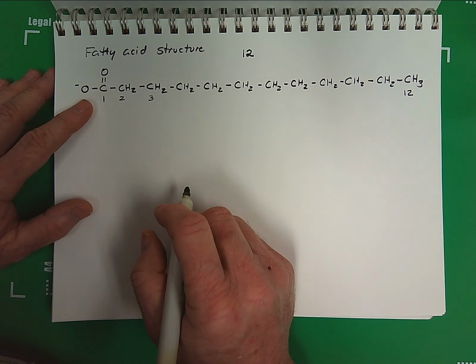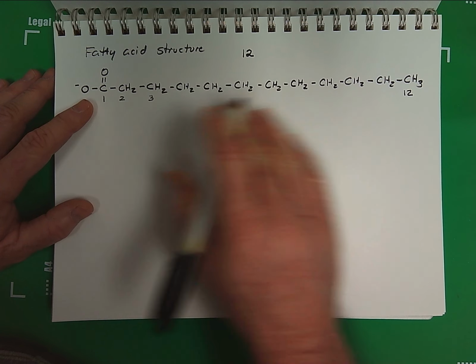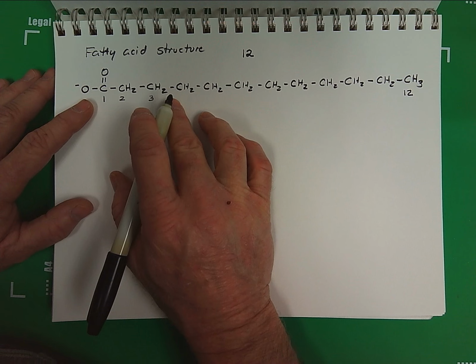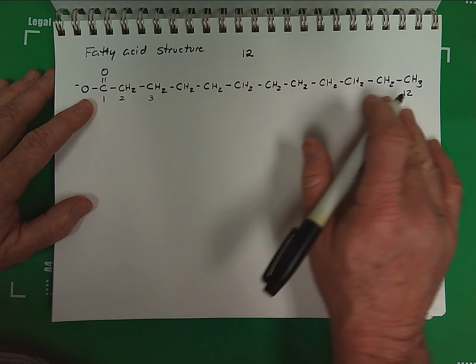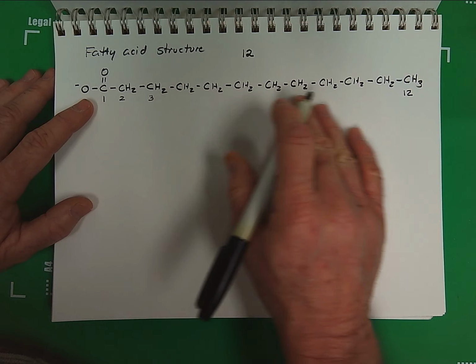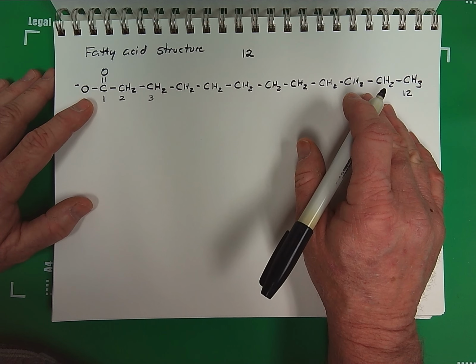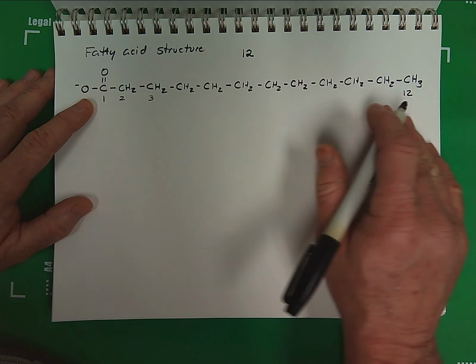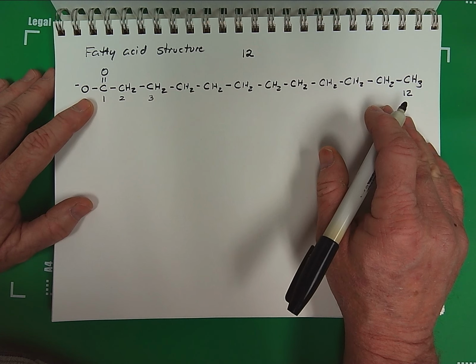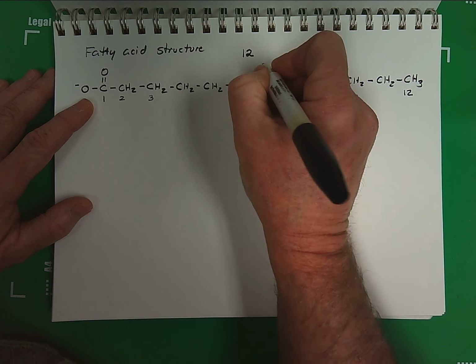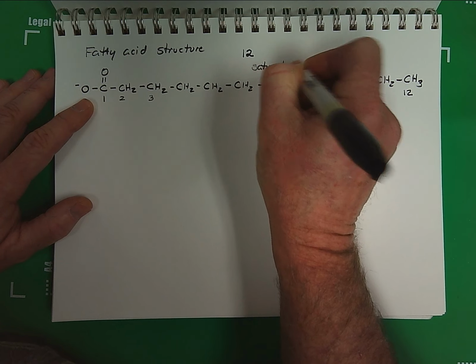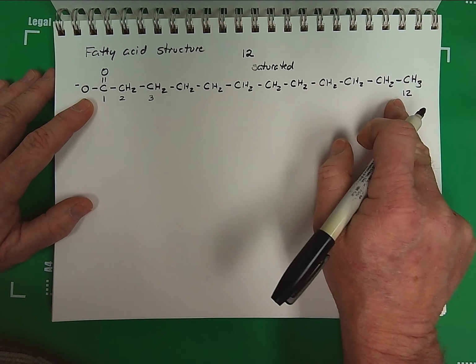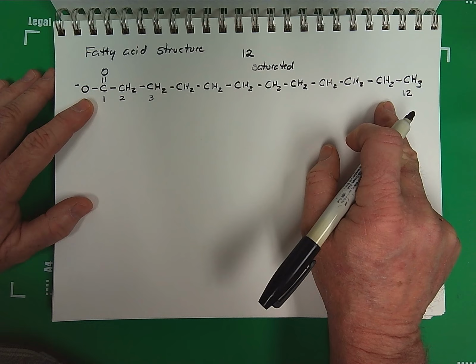Now, the other feature of fatty acids is that we can have unsaturated bonds. What that means is that somewhere in this chain we can have double bond character. In this particular structure here, we don't have any double bonds, so this means that this is a completely saturated fatty acid, which means that all of these carbons are saturated with hydrogens.